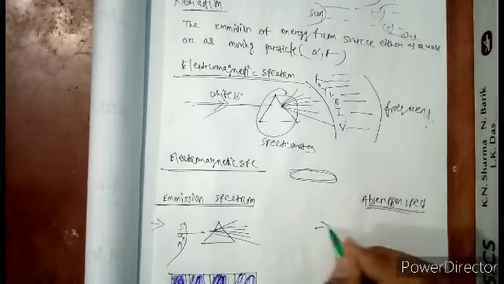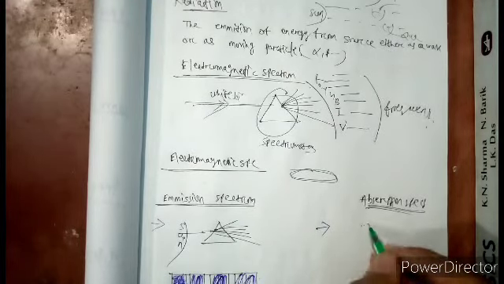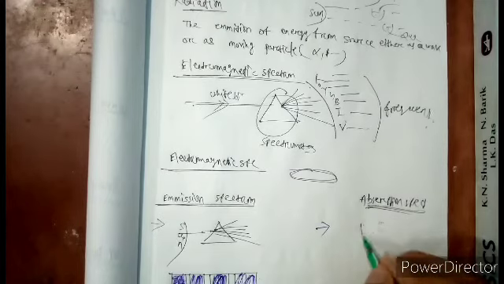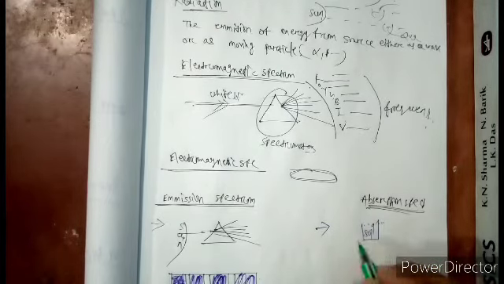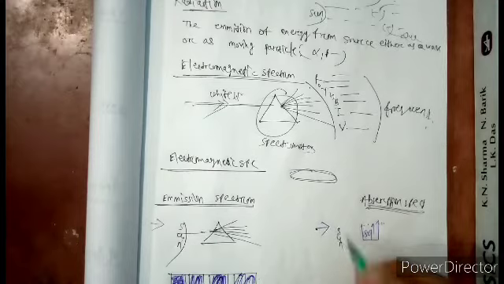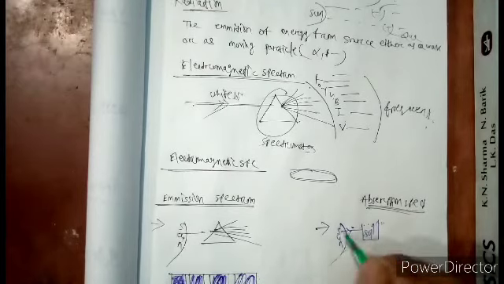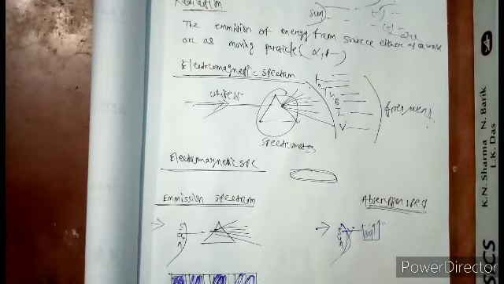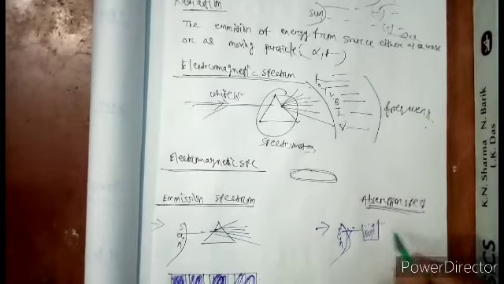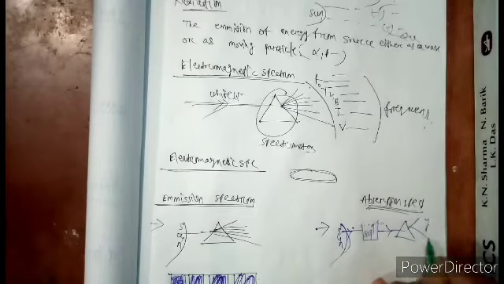Here, the opposite: the absorption spectrum is formed by the absorption of light by a solution. If we give light from the source, the sun, to a solution and it falls on a prism, then it gives only yellow and blue color.